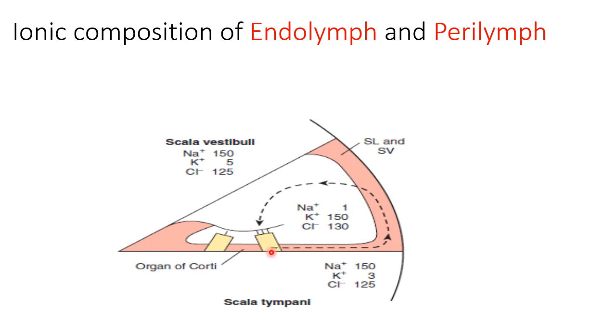The basal part of the hair cell is leaky to perilymph. So the same cell is coming in touch with both fluids. Because of this and the difference in the composition of ions, a huge potential difference is created, which is responsible for the signal transduction.